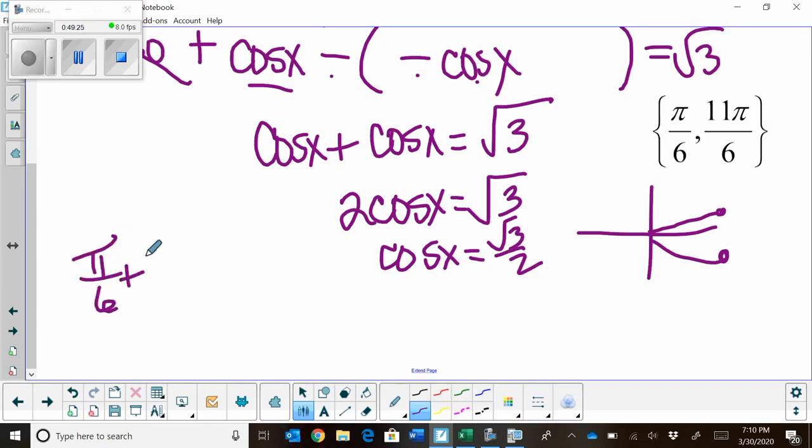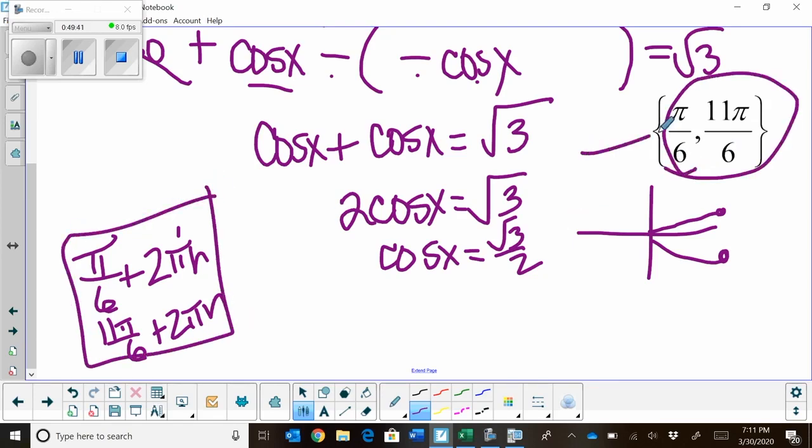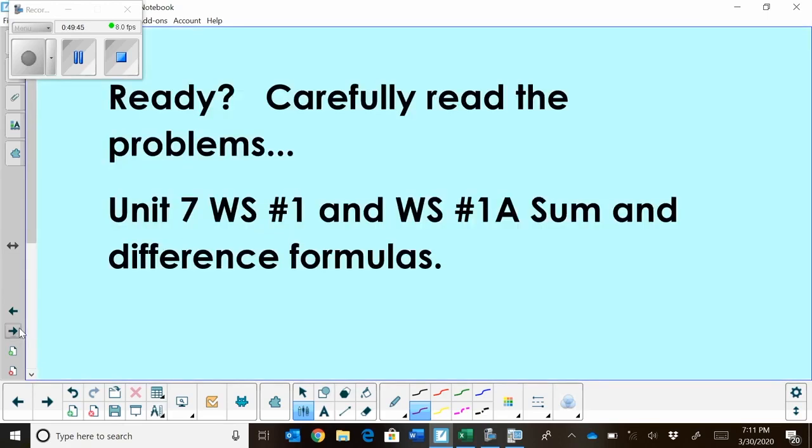So we would take pi over 6 plus 2 pi n and 11 pi over 6 plus 2 pi n. And that would be our general solutions. Now, we were asked for just those on the unit circle, so these are the only 2 answers on the unit circle.